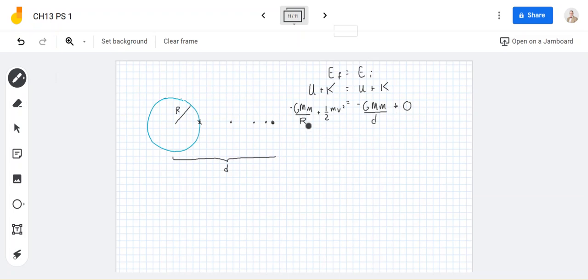And so I can look at this a little bit more. Again, all the little m's cancel, so it doesn't really matter. So I'm left with negative G big M over r plus 1/2 v squared is equal to negative GM over d.